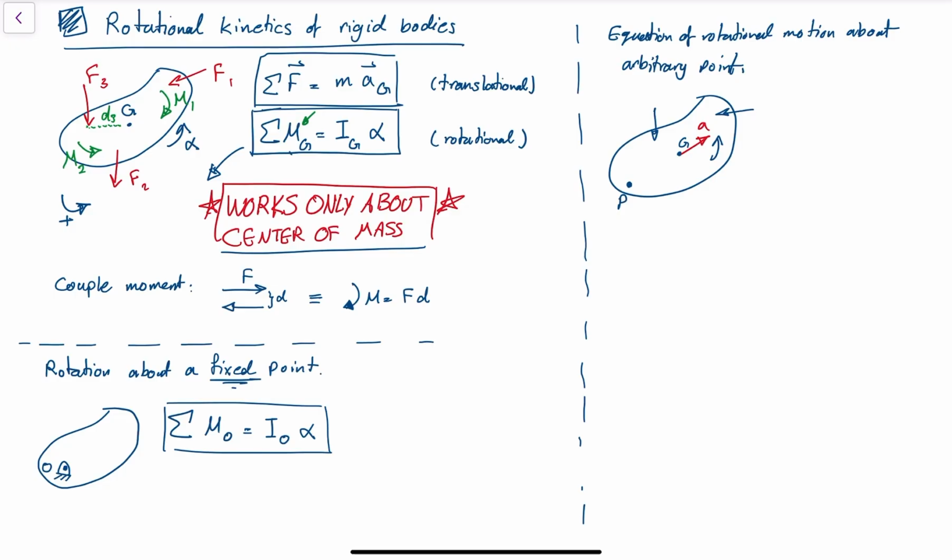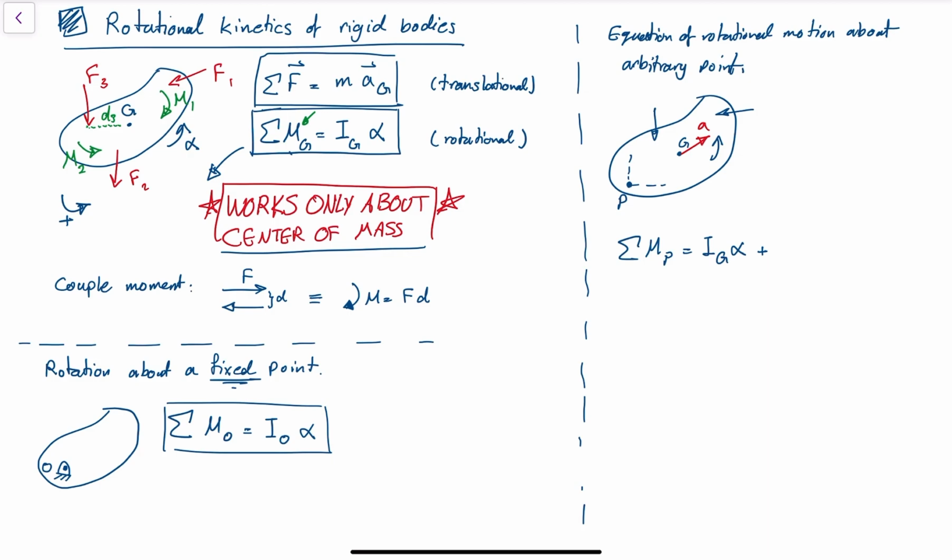So your forces must create two things: both turning the body, as in its moment of inertia, and also linearly accelerating the center of mass. So in your calculation, you have to account for that. If you want to take all the moments about this point P, you have to rotate the body, Ig times alpha, but also accelerate the center of mass. It becomes the equations in 2D.